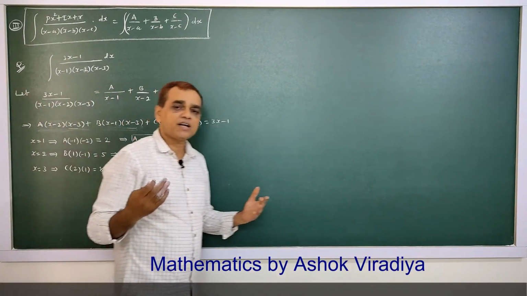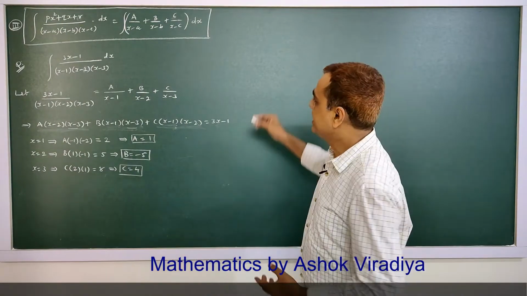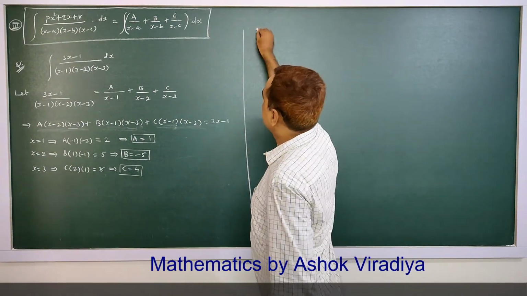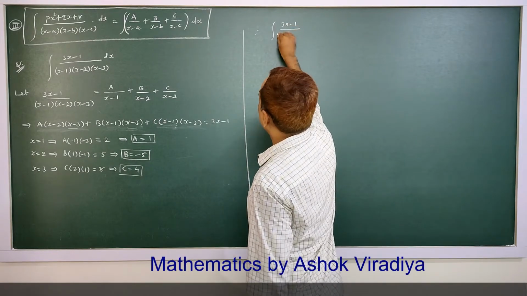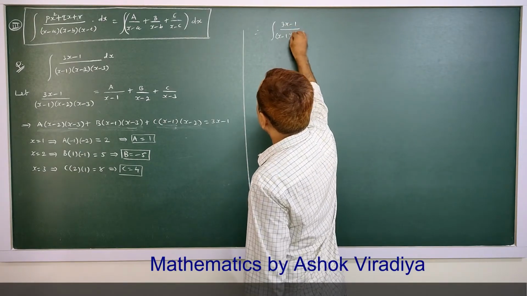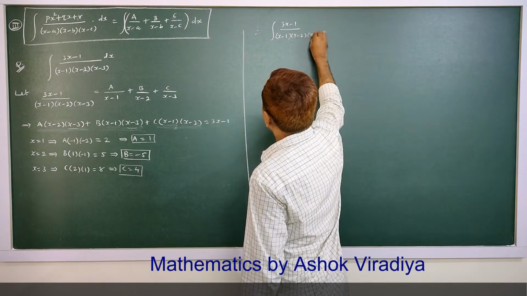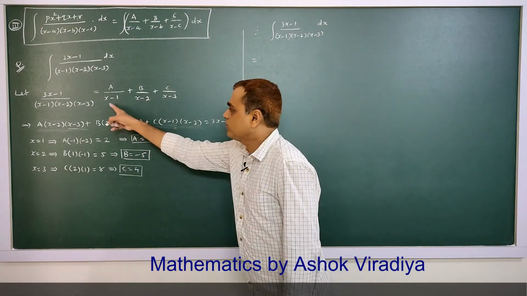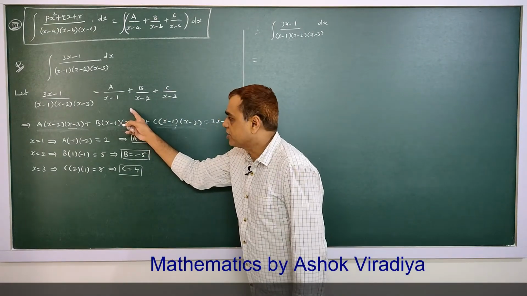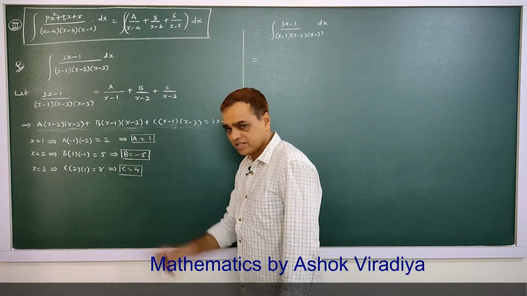So a, b, c are found. So the integrand is, therefore, integral of 3x minus 1 upon x minus 1, x minus 2, x minus 3 dx equal to, now replacing by the new expression with the values of a, b and c.